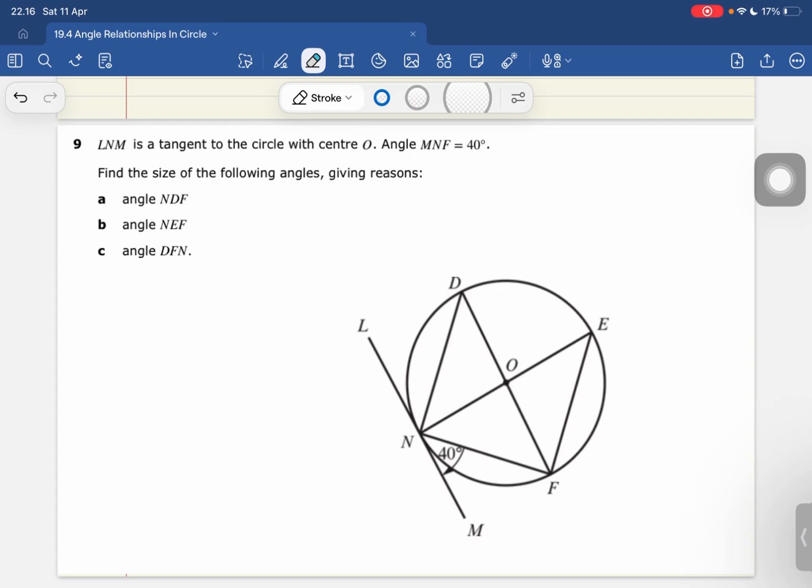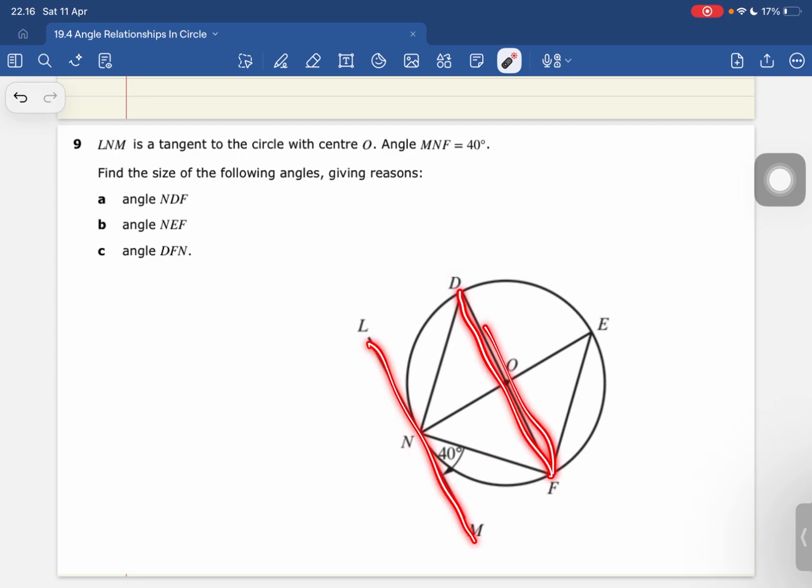So we need to also give the reason. Okay, first find the angle of NDF. Look at it. They are parallel to the center.